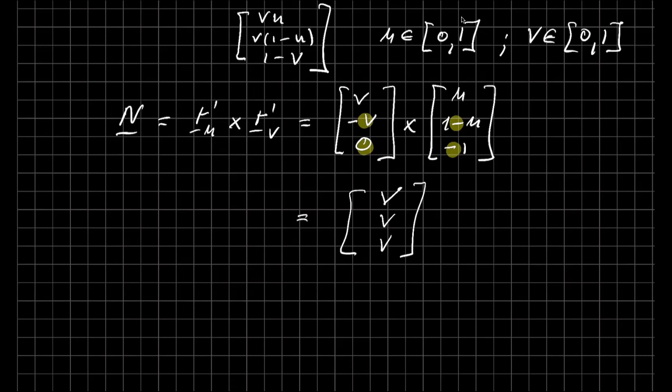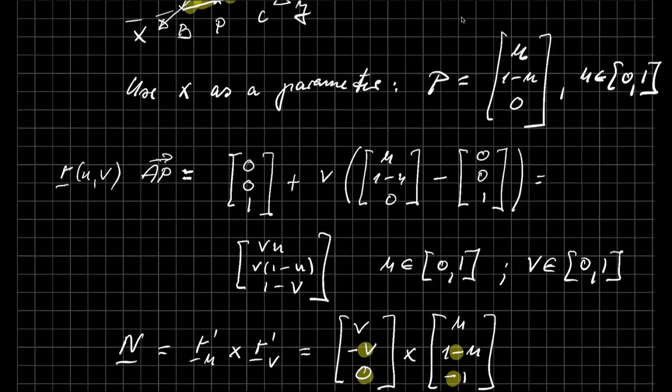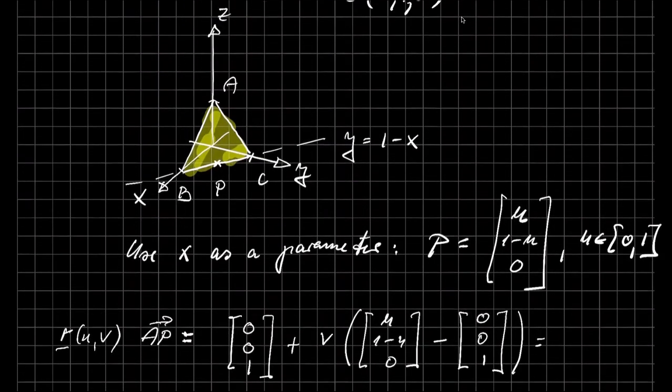Let me draw this on the figure. I could draw it in red color. So this is the normal vector, and it's constant throughout the triangular area.